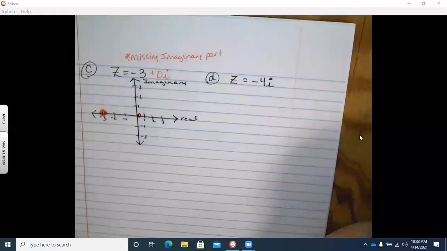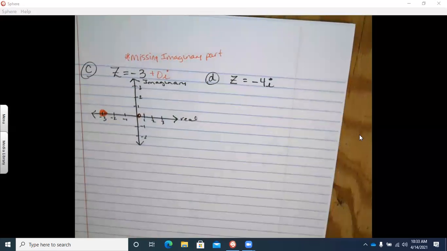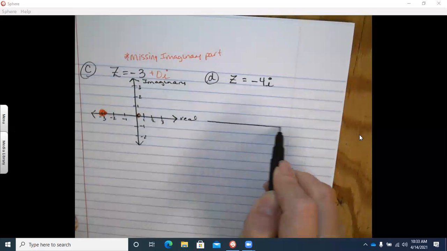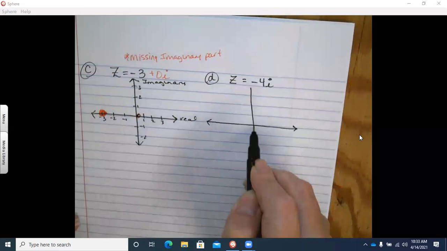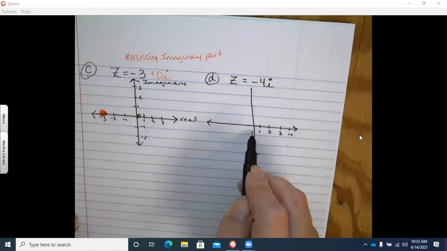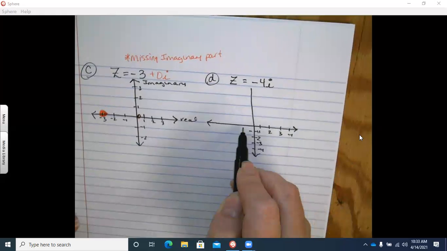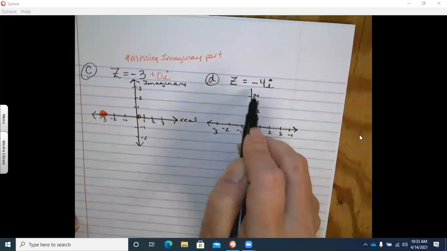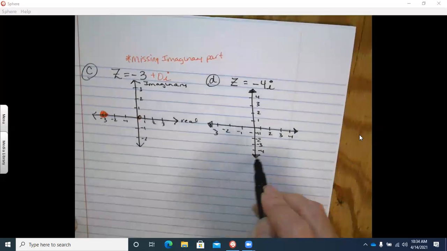And then the imaginary part. So where do you think that's going to go?